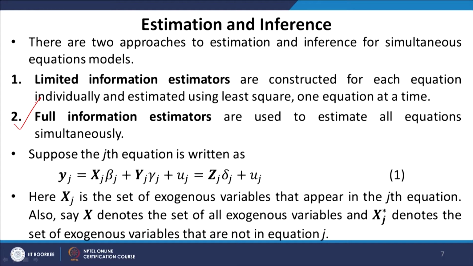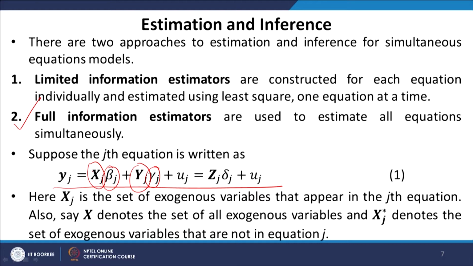Now, suppose the jth equation is written as yj equals xj beta j plus yj gamma j plus uj. The usual thing: we have a set of endogenous variables with the corresponding coefficients denoted by gamma, and the exogenous variables with the corresponding coefficients denoted by beta. This is for a particular equation, the jth equation. Here xj is the set of exogenous variables that appear in the jth equation.